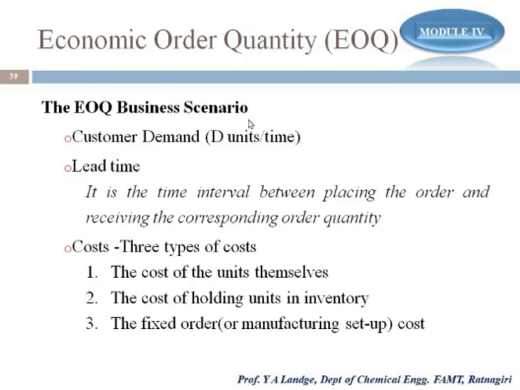So this customer demand, which is D, is in units per time, meaning how many units are needed. Just like one company sells 100 units per day. It means per week it is selling 100 into 7, which is 700. That is the demand for their product in the market.